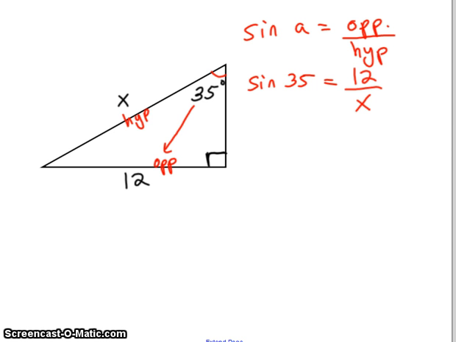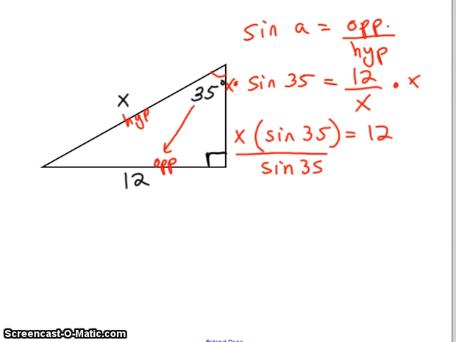Now, how would we solve for x here? Okay, we can multiply both sides by x. So we have x times sine 35 equals 12, and then we could divide both sides by sine 35.